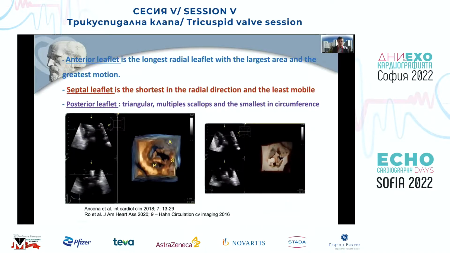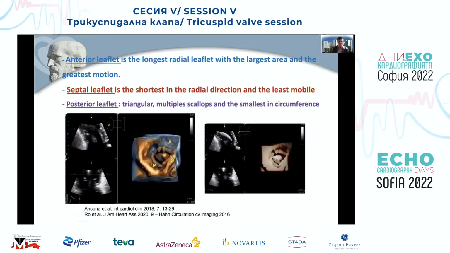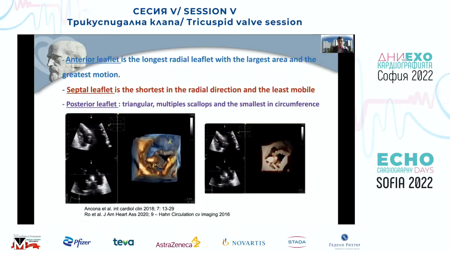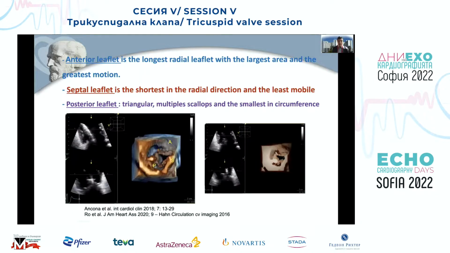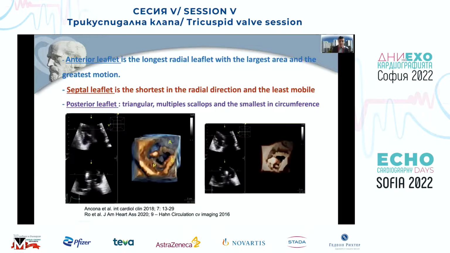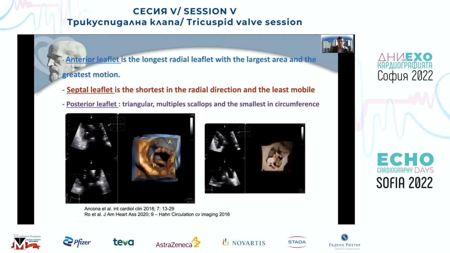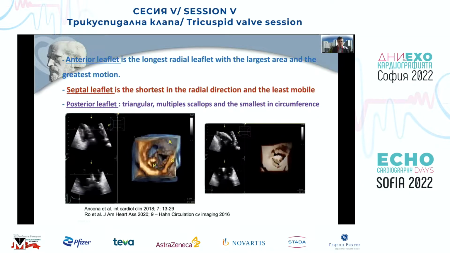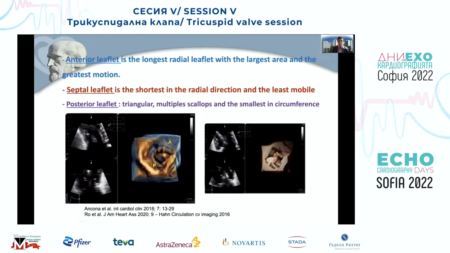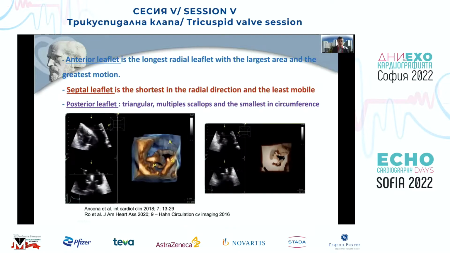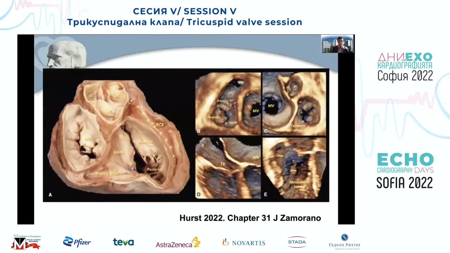We need to know that the anterior leaflet is the longest radial leaflet with the largest area and the greatest motion. The septal leaflet is the shortest in the radial direction and the least mobile. And the posterior leaflet is triangular. Usually we can see in that leaflet multiple scallops and it is the smallest in circumference.